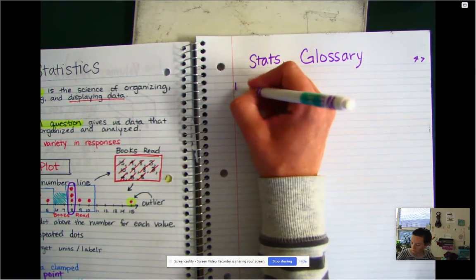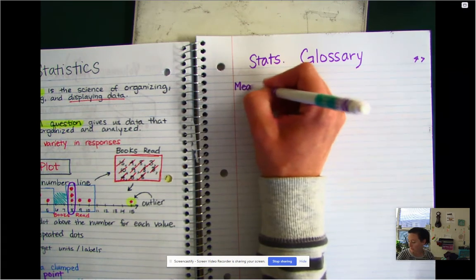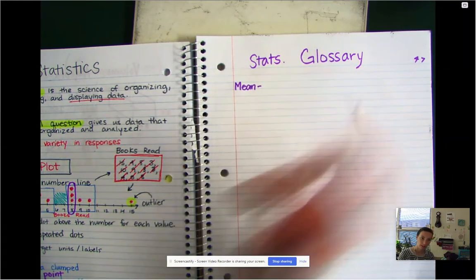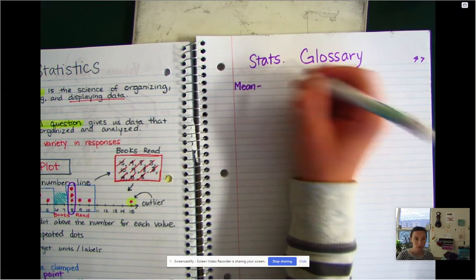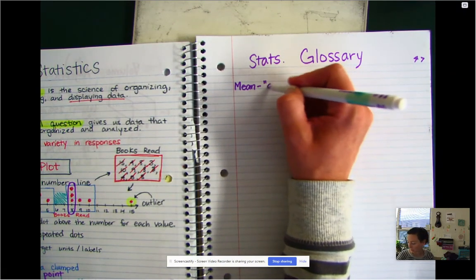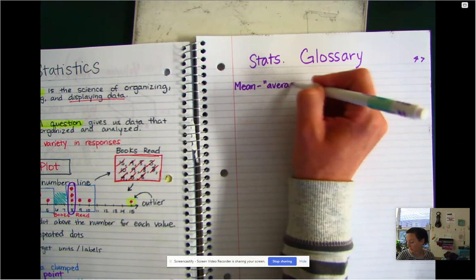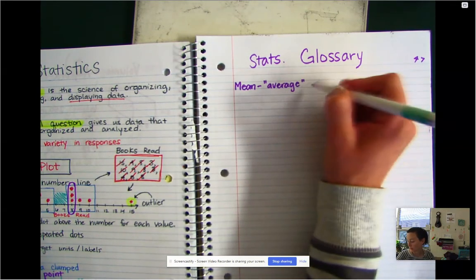So the first word that we are putting in here is mean. And mean is what you get when people usually talk about the average. Another way to think of it is a fair share.